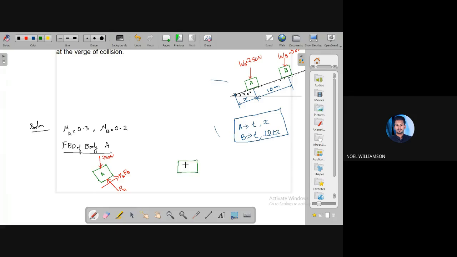This is A, and the weight is 250 Newton, and this particular angle is 20, so here also 20 degree. This is RA, and this is mu A into RA, or mu A equal to 0.3, so 0.3 RA.